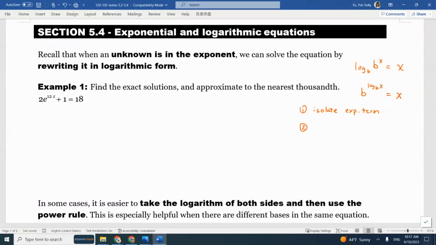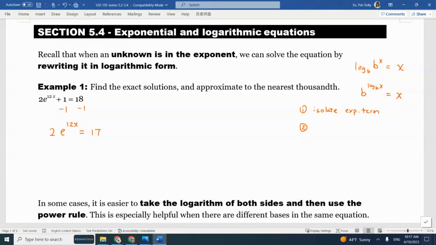What do we do? Divide by 2 first or subtract 1 first? So subtract 1. We get 2e to the 12x equals what? 17, right?